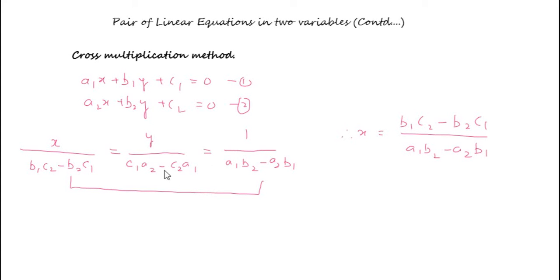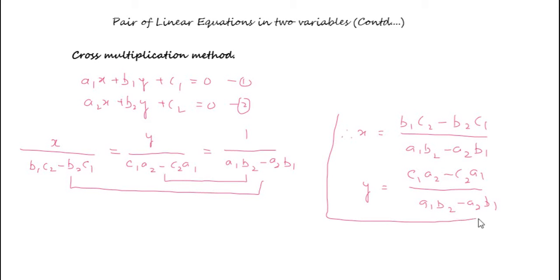Considering the other two, y becomes c1a2 minus c2a1 divided by a1b2 minus a2b1. So, you have the ready formula in this cross multiplication method to find x and y.